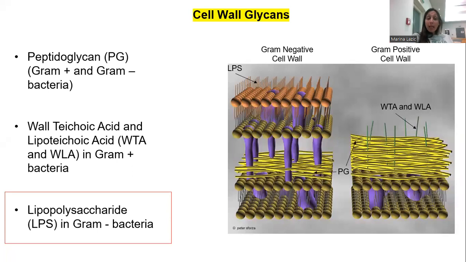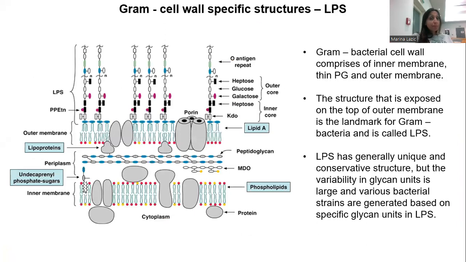Next one is LPS, or lipopolysaccharide, in gram-negative bacteria. Those are very important gram-negative specific structures. The structure of LPS is something that I will insist on, so it is very important to know, and we mentioned it in the previous class: lipid A, core polysaccharide, O antigen.